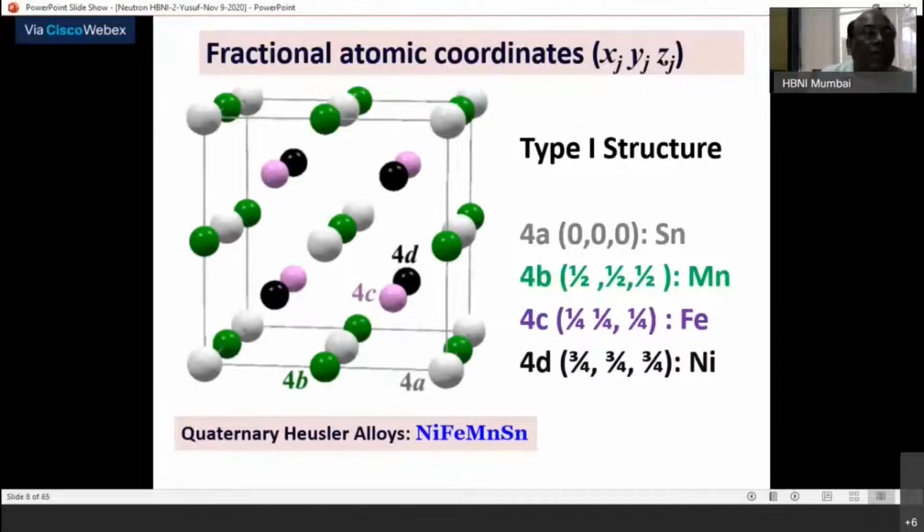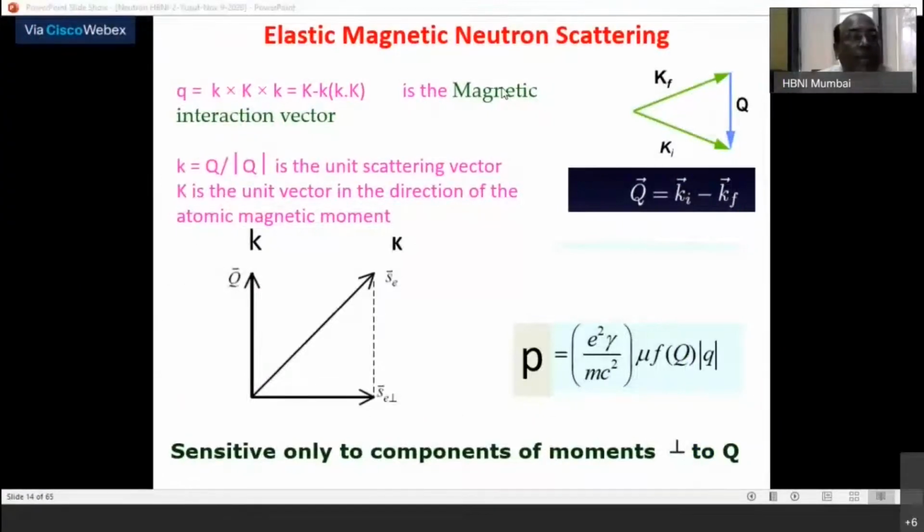This is known as the magnetic interaction vector. This comes under the dipole approximation, which is very, very valid. So essentially what I'll be concluding at the end of this is that the neutron magnetic moment does not see the full atomic or ionic moment when it interacts.